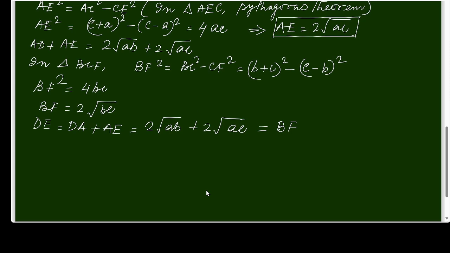So equating them, we get 2 root over bc equals 2 root over ab plus 2 square root ac. 2 cancelling.